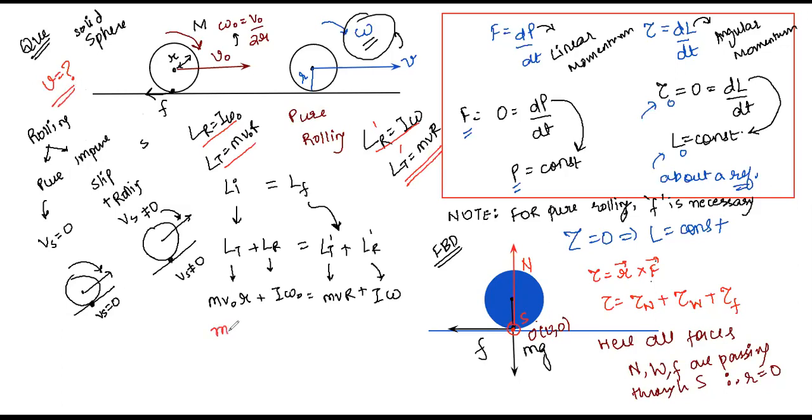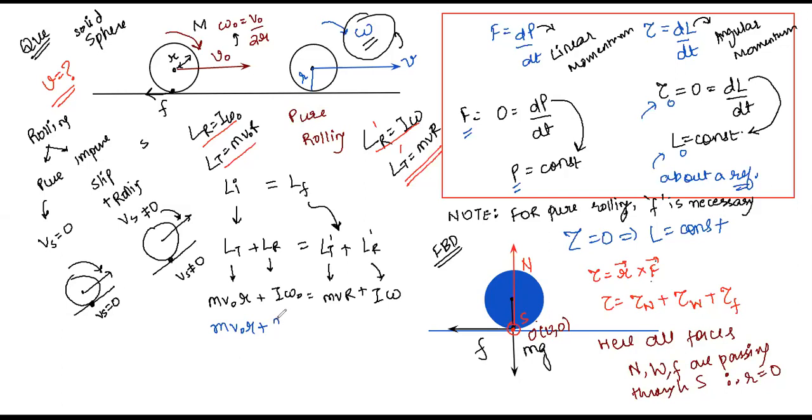We'll write m v naught R plus, instead of I, what is I for a solid sphere, Atul?